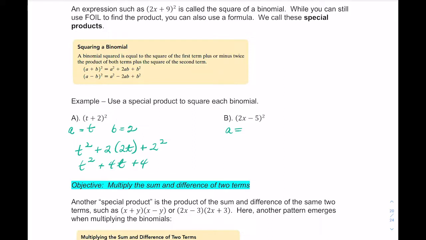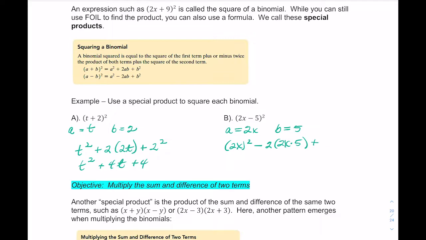Okay, here's another example. So the only difference is it's a binomial where you're subtracting. So your a is 2x and your b is 5. So now I'm going to use this formula. So the only difference is you'll have a minus right here. So I'm going to do the same thing. I'm going to square my a term. I'm going to put a minus sign and double the product of a times b, so 2x times 5.